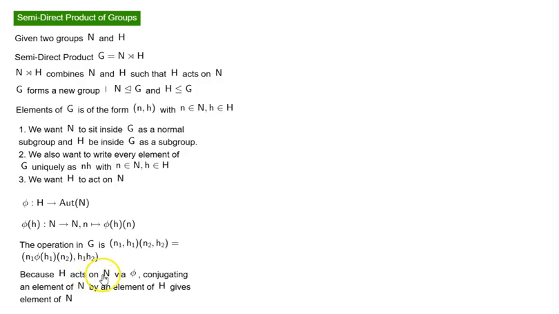Now because H acts on N via phi, conjugating an element of N by an element of H gives an element of N. So let's take a deeper look at this. Consider n in N as the ordered pair (n, the identity of H).